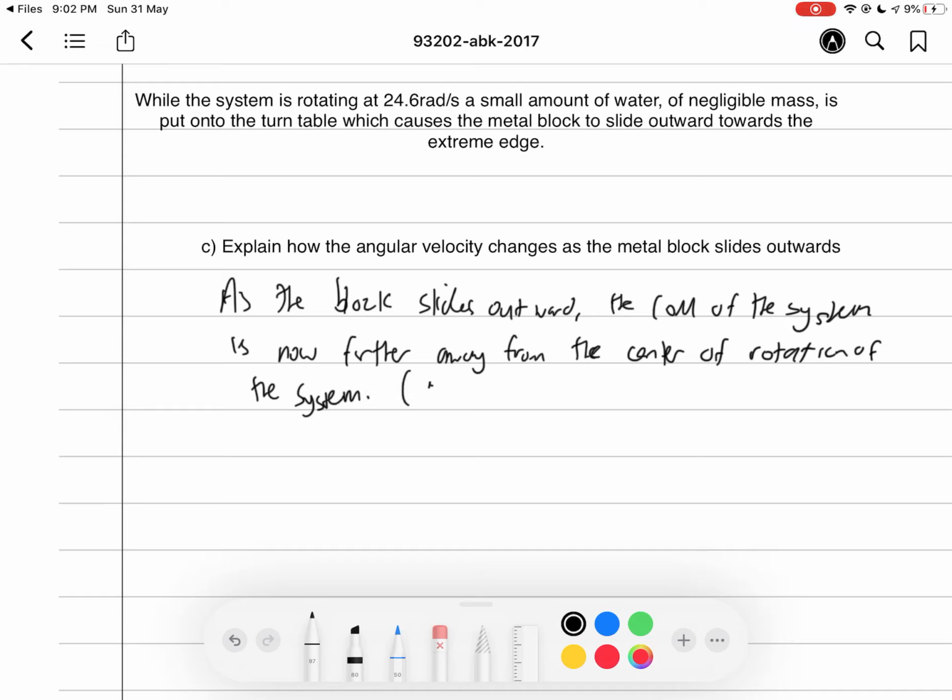And you can say that the center of rotation is the center of the turntable.